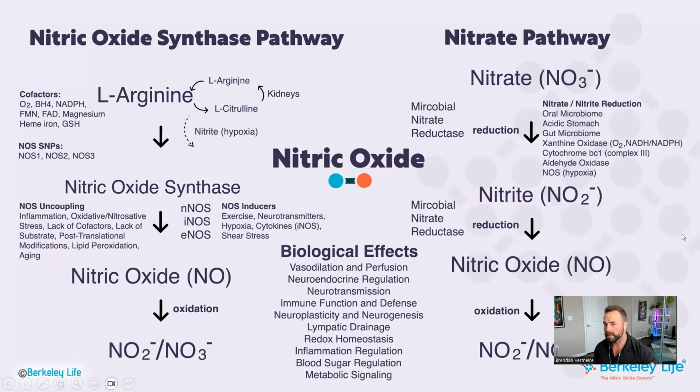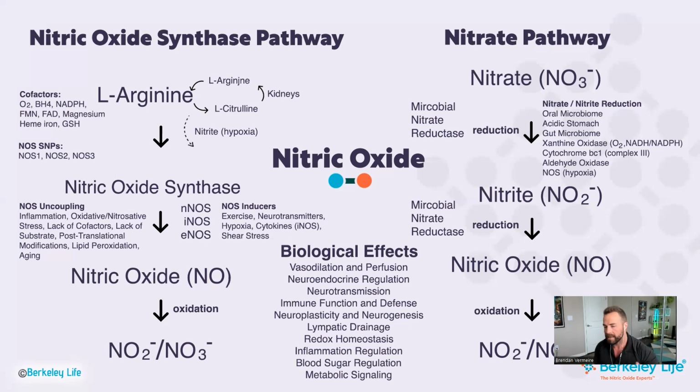So our goal at Berkeley is we want to maintain a healthy level of nitrate circulating in the body. We can think of this as a sort of nitrate pool or nitrate reservoir, similar to an amino acid pool, right? We have to have adequate circulating amino acids so we can make proteins and enzymes and build lean mass and all the things. It's similar conceptually with our nitrate reservoir.